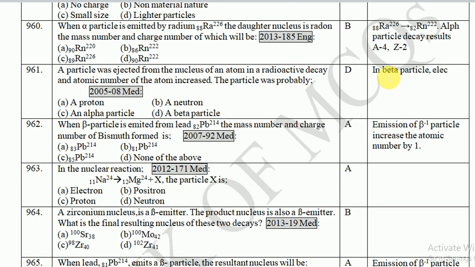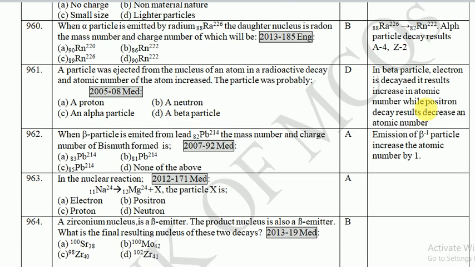When an electron is emitted, it results in an increase in atomic number, while positron decay results in a decrease in atomic number. So these are the two points of beta decay.